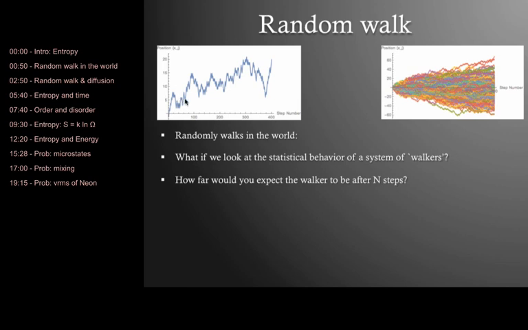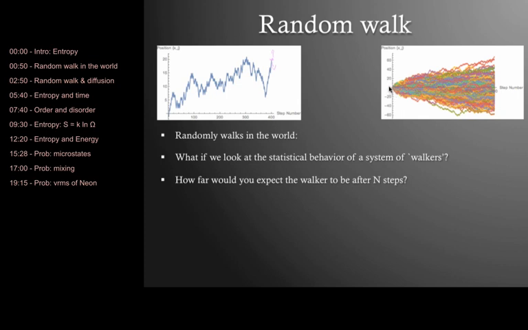Again, if we look at just one random walk, we couldn't predict which way it's going to step in the very next one. Is it going to go to the right? Is it going to go to the left? We don't know. But we can look at a whole ensemble of these random walkers, not just one air molecule in the room, but all of the air molecules in the room.